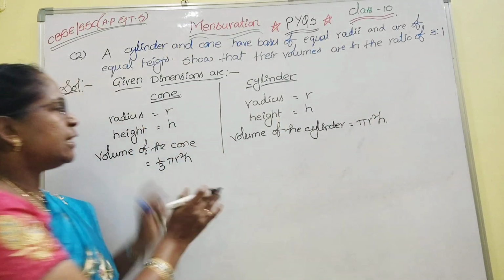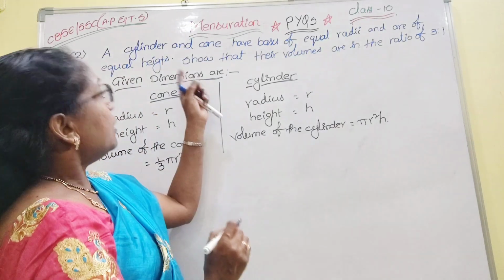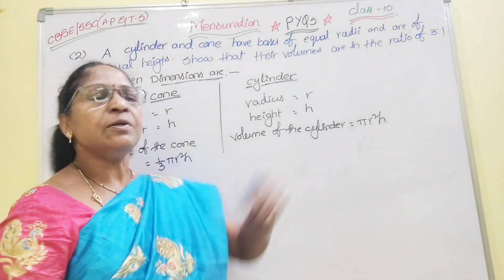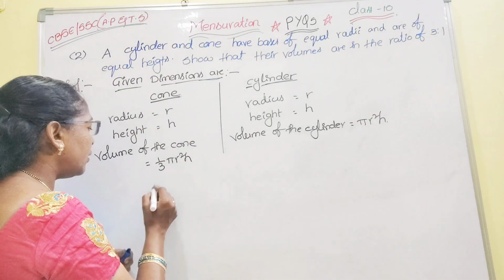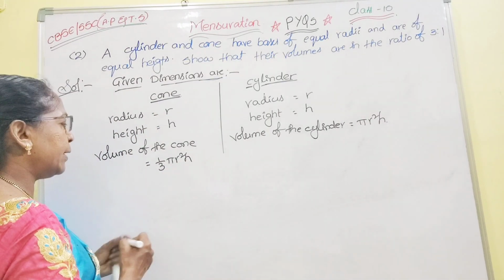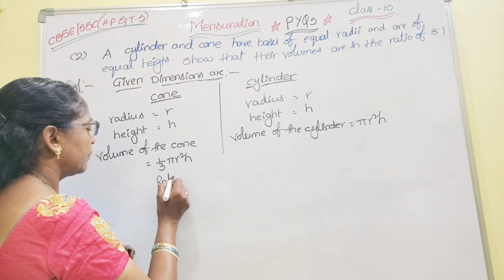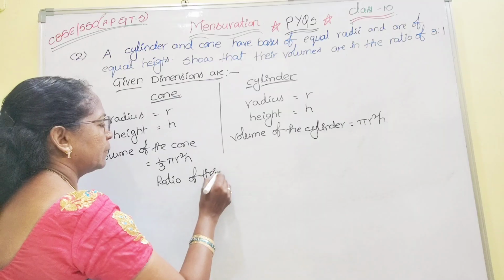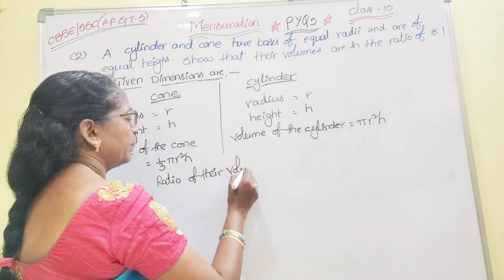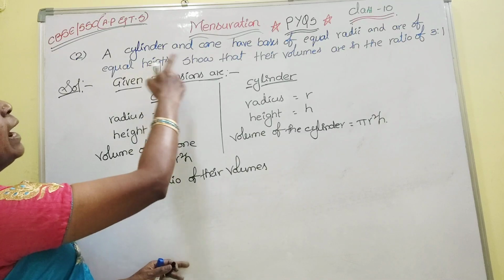Now these are the given dimensions. Now what do you have to find out? You have to show that their volumes are in the ratio of 3:1. So write down here, ratio of their volumes equals, cone and cylinder.